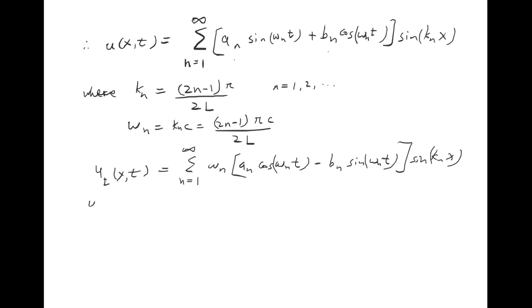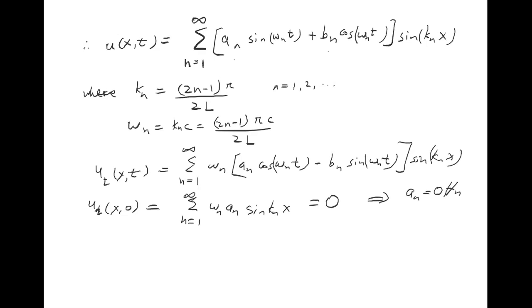And that u sub t at t equals 0 means that only this term remains. But this has to be 0. And so we have an being 0 for all n. That would be one thing.